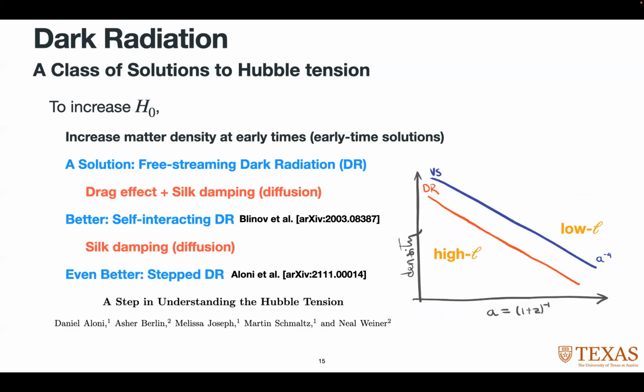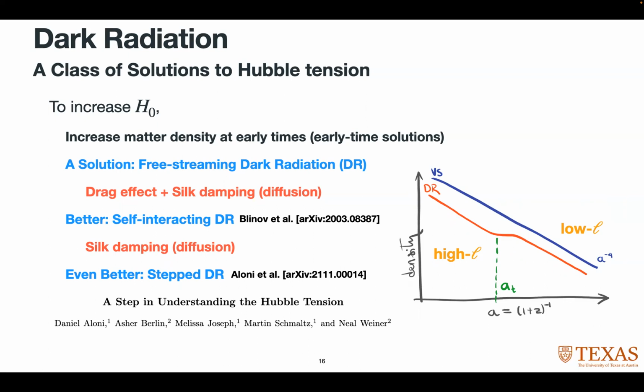There is a better solution, proposed by a researcher at Boston University, which is to introduce a step in the density of dark radiation. What I mean is that at some point, at low redshift, there is a sudden step.